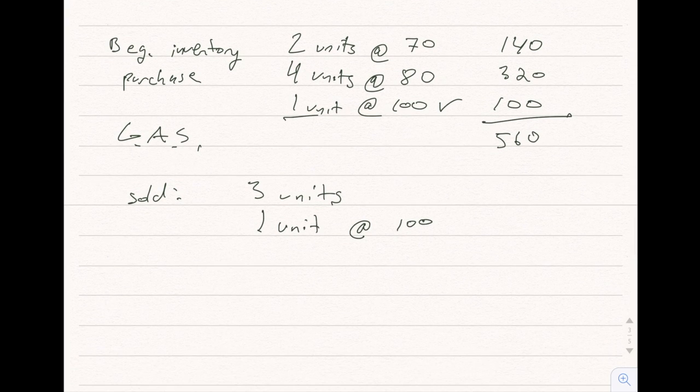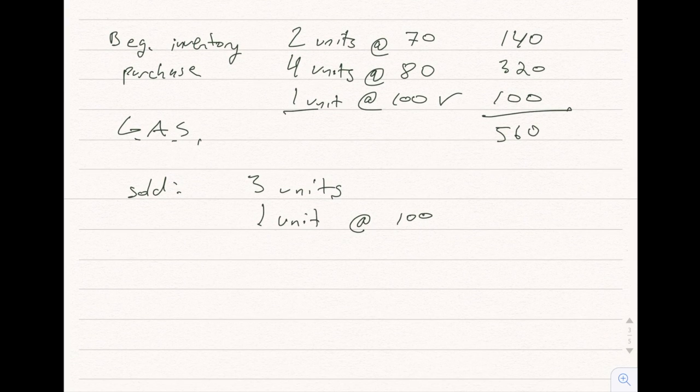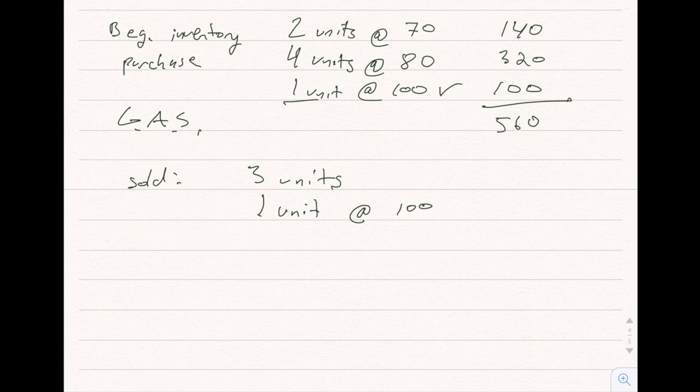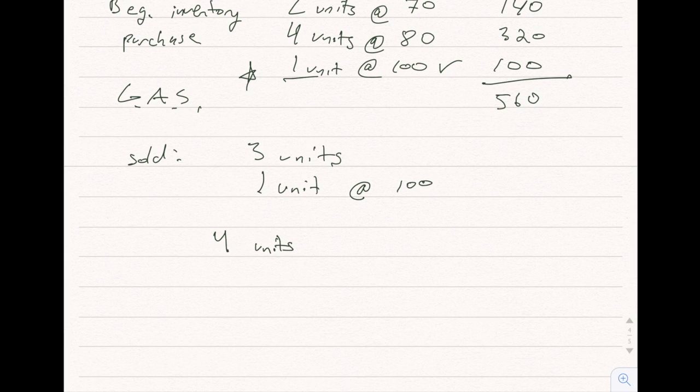And I hope the way I've set this up isn't confusing, because I've kind of broken it down here in preparation of presenting it like this. But if we just said sold 4 units, it's really the same thing, right? Because you still have to ask yourself, okay, last in, first out. So I have to start here. This was the last thing to hit our inventory. So 1 is going to be at 100. So either way, you still break it down like this. I just thought I should clarify that.